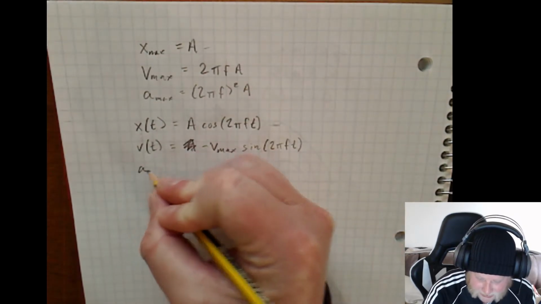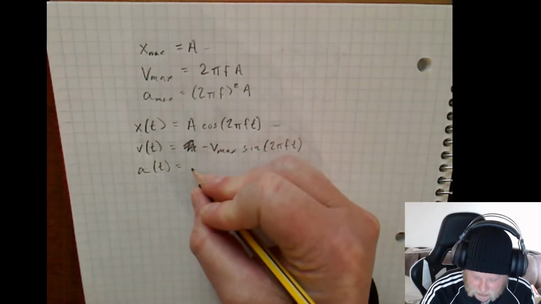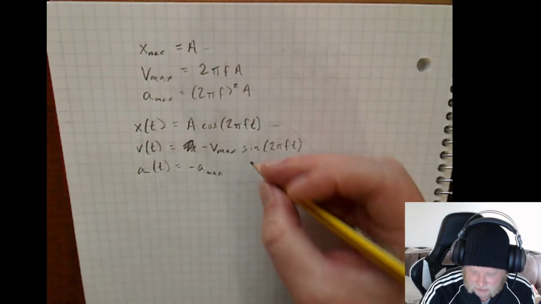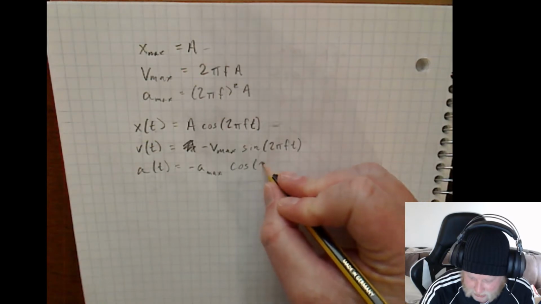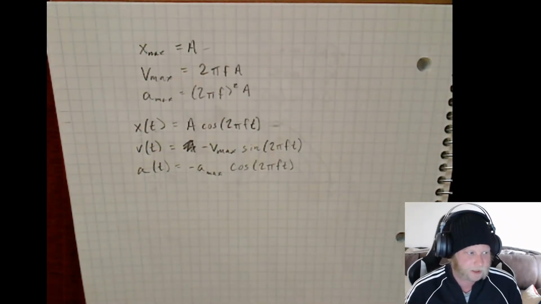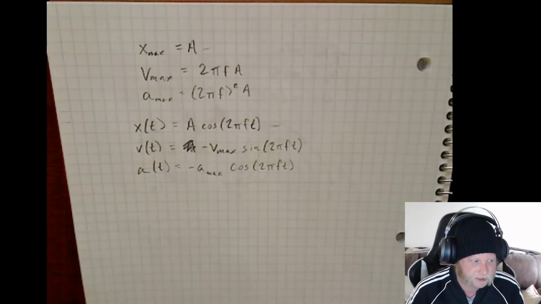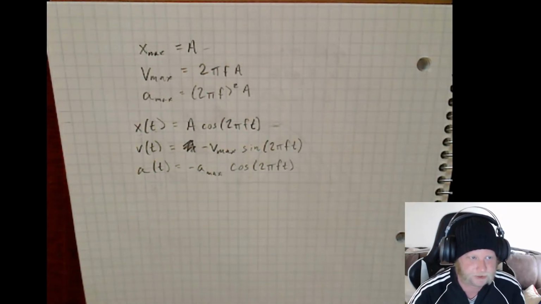And lastly, your acceleration as a function of time would be your negative Amax times the cosine of 2 pi frequency times time. Now, these look real complicated and kind of scary, but they're really not that bad. Let's actually put these into use.